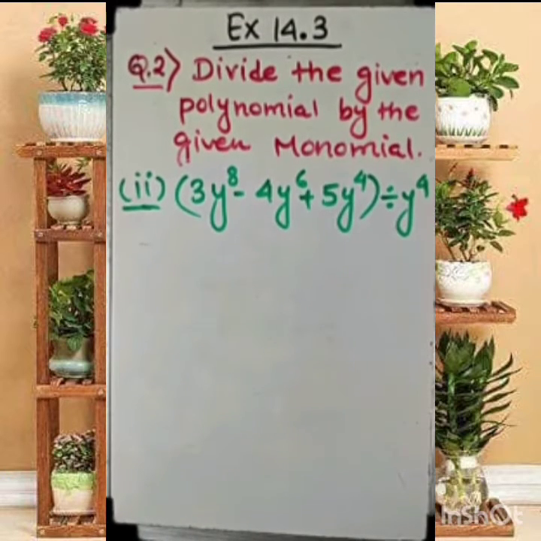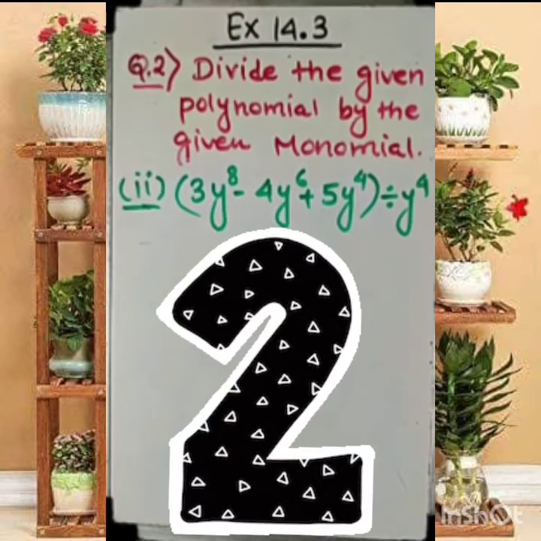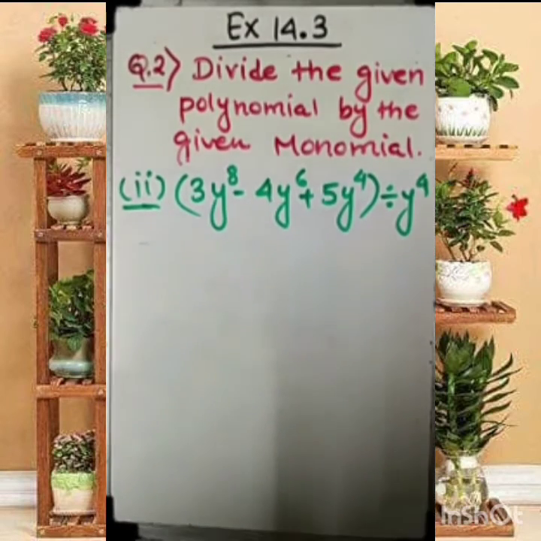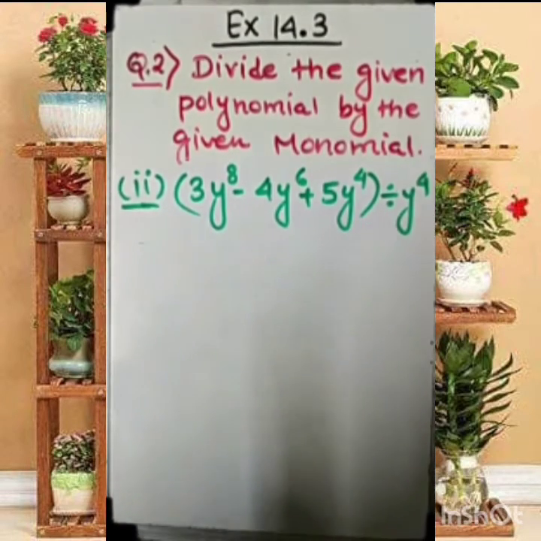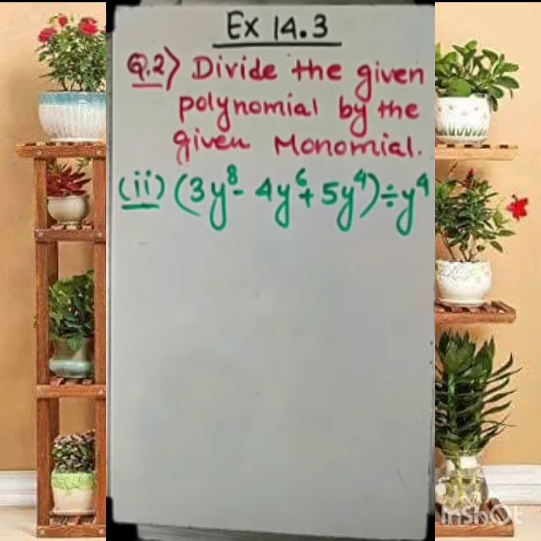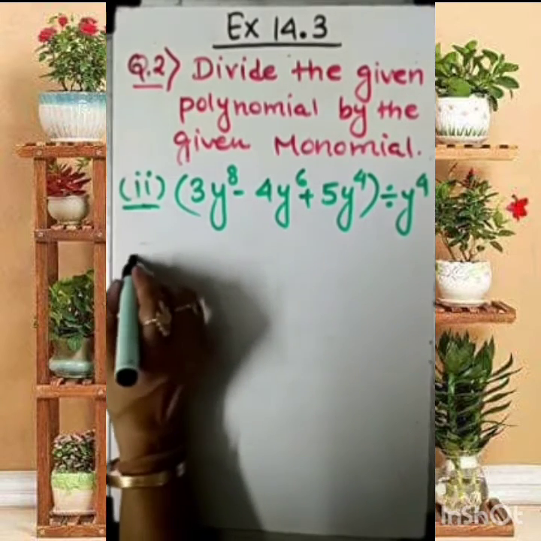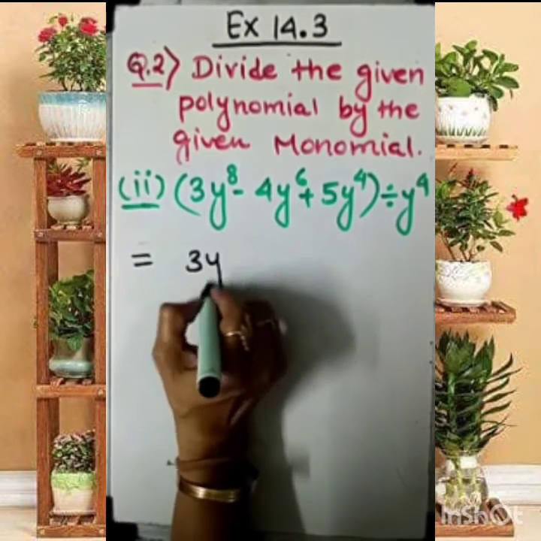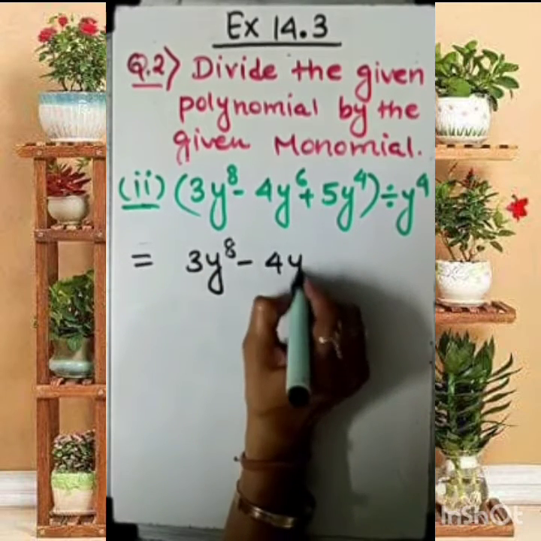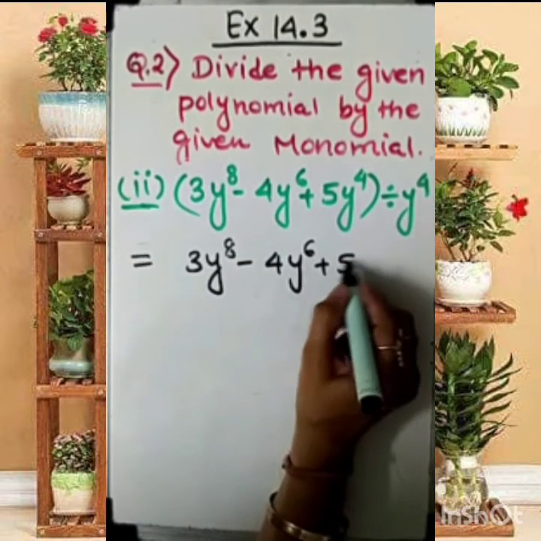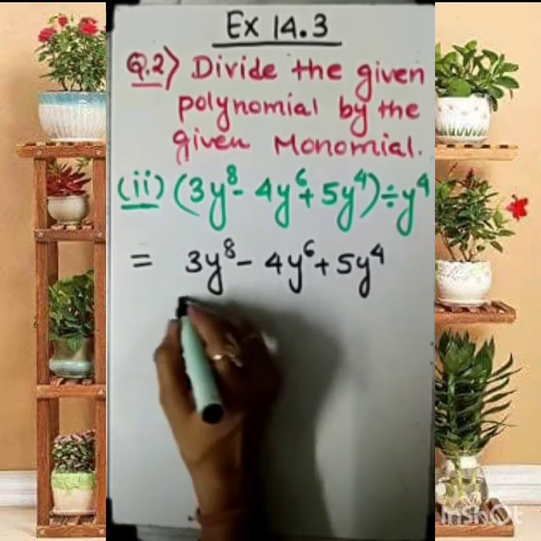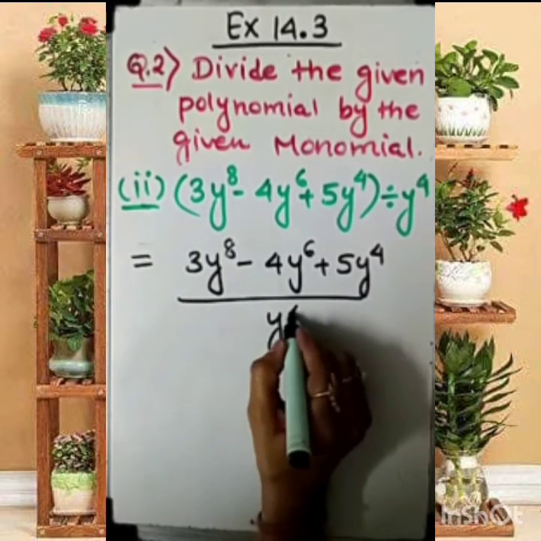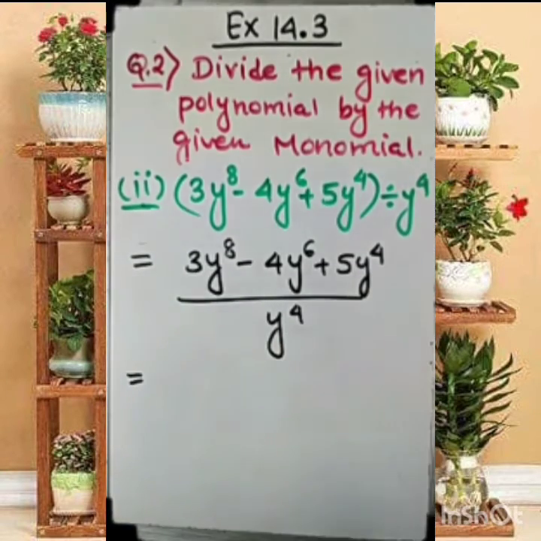So, my dear student, the second is 3y to the power 8 minus 4y to the power 6 plus 5y to the power 4 divided by y to the power 4. So, let's note down whatever we have been given. I am mentioning it in the numerator as it is and in the denominator y to the power 4. In the numerator, let's take out the minimum power of y.